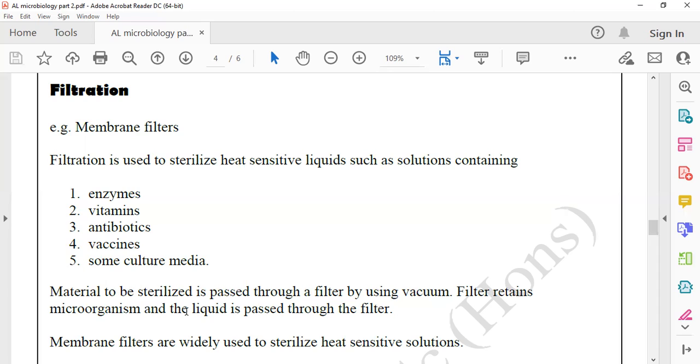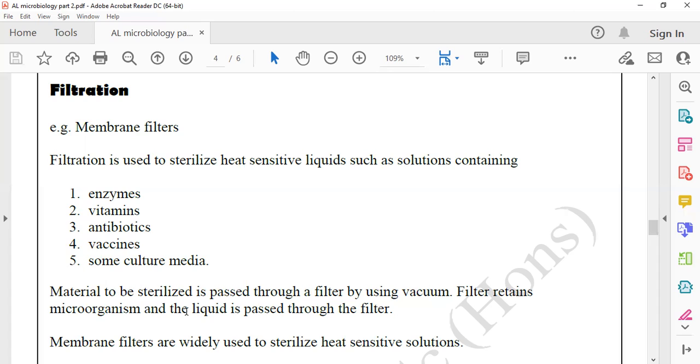Why filtration? What are the requirements for filtration? To filter, that material should be in a liquid form or a solution form. Solid materials cannot be filtered. So anything that can be obtained in liquid or solution form can be filtered. Second thing, they are heat sensitive materials.